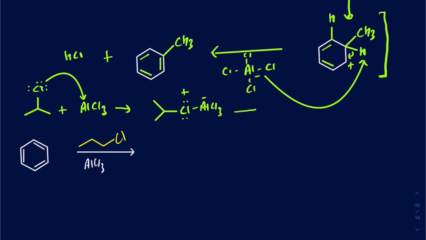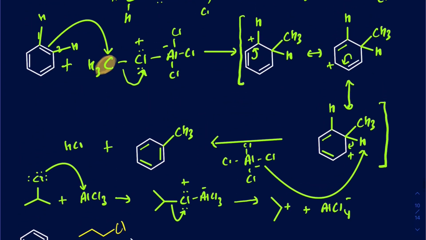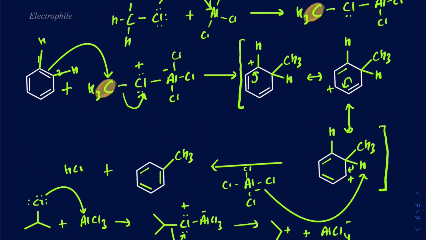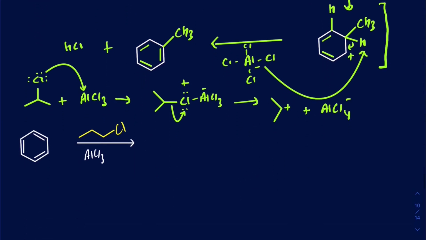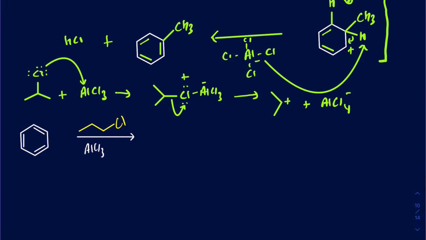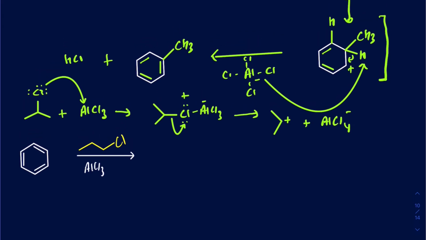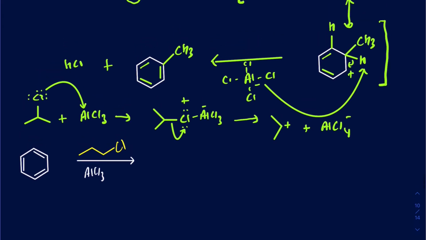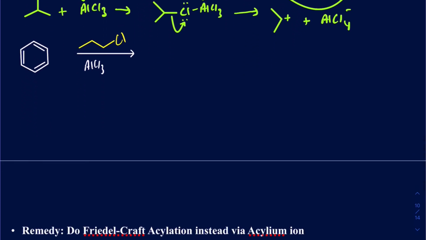And now I can break this carbon-chlorine bond, because when you do so, you create a more stable carbocation, the secondary carbocation. I wasn't able to do that before because it would make a primary or methyl carbocation. So if you're making a secondary or tertiary carbocation, you can break the bond, make the carbocation, and have it attacked by the pi electrons of the benzene ring, and the rest of the mechanism is very similar.